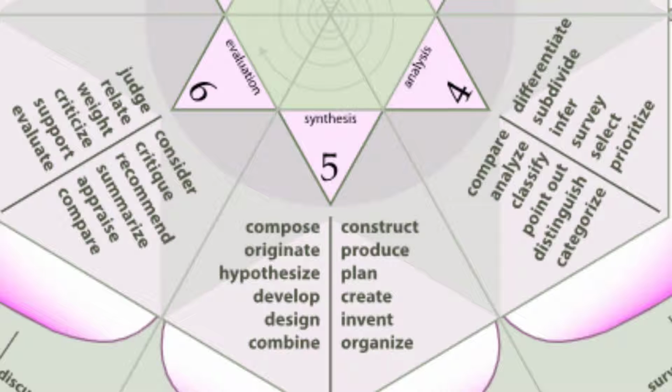For synthesis, compose, originate, hypothesize. And for number 6, evaluation, judge, relate, weigh. I'm obviously not going through all of them, but I am showing you what the learning action verbs are for each level of learning.